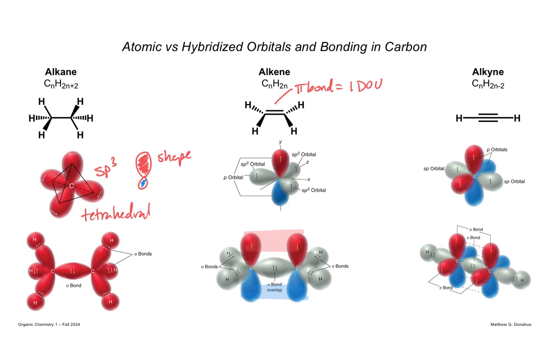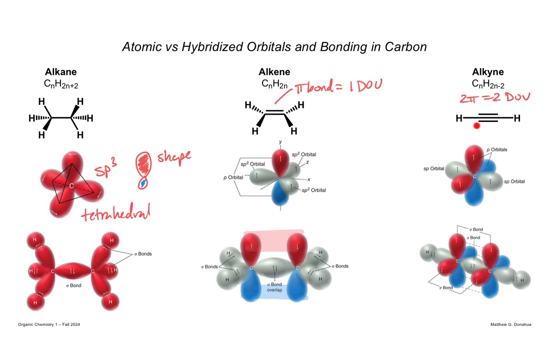And our last hydrocarbon functional group was the alkyne. So now you have 2 pi bonds, so 2 degrees of unsaturation. So the difference is you're left with 1 p orbital, and then on a separate plane, 90 degrees, the second p orbital. Then you can form 2 sigma bonds.